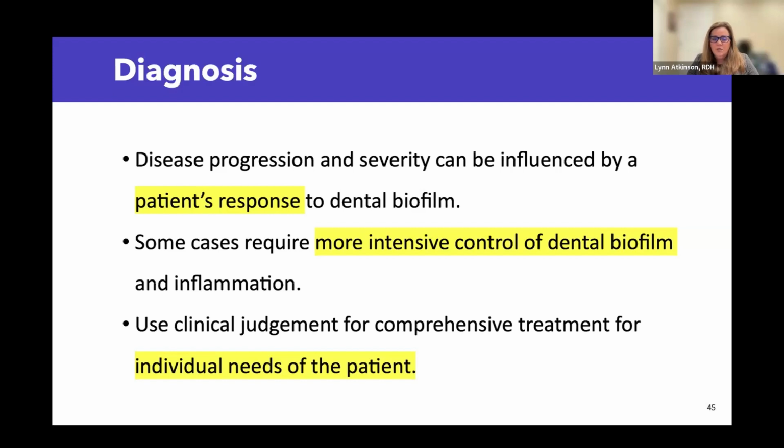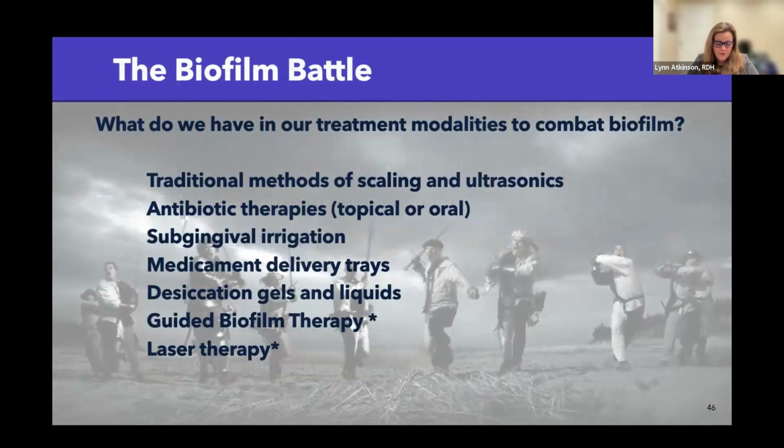And you have to use your clinical judgment for comprehensive treatment for individual needs for the patient. This is not just cookie cutter protocols to do for the patient every time that you see them. It may be different each time that you see them, hence doing your periodontal evaluations every time. So the biofilm battle: what do we have in our treatment modalities to combat biofilm and inflammation?